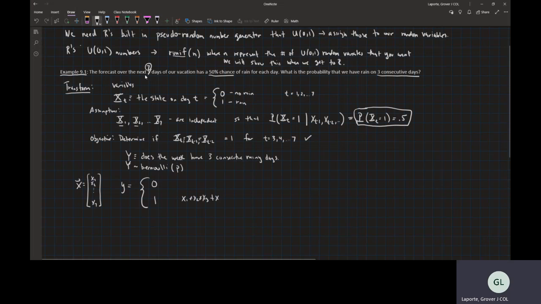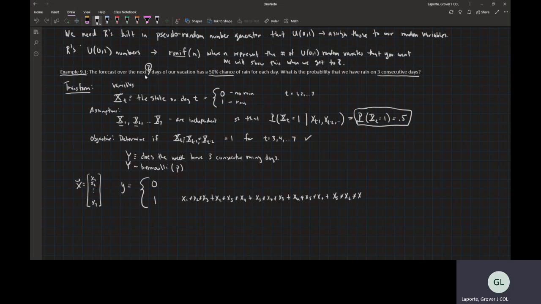Again, this is a little trick here. Because we're dealing with zeros and ones, we can do something like this, so I don't have to use Boolean logic. I can use this multiplication. So x3 times x4 times x5 plus x4 times x5 times x6, and then the last one, you can see the pattern.